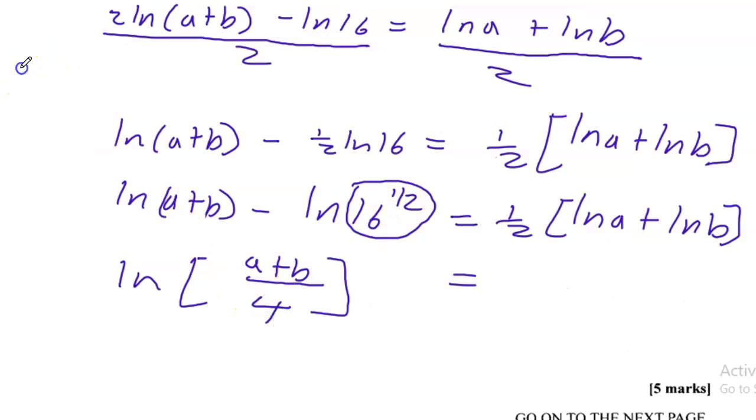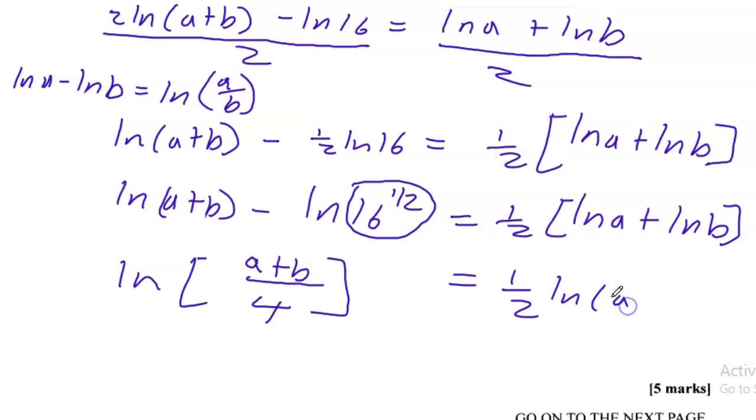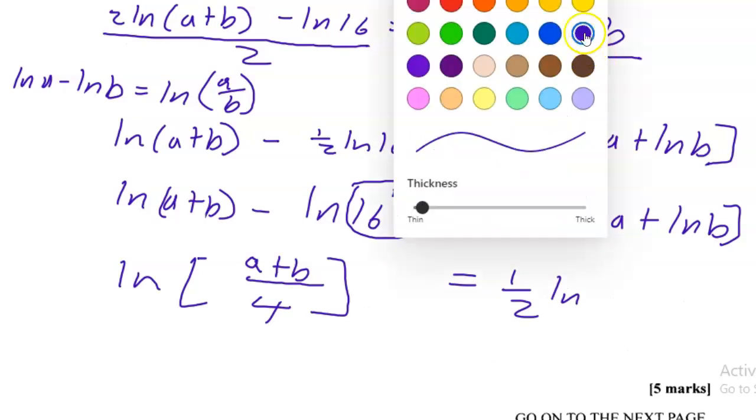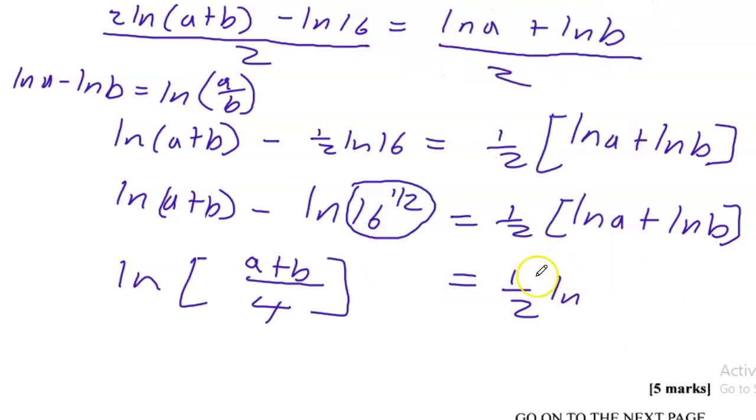And I'm using this rule: ln a minus ln b is equal to ln a upon b. And that's the rule I use to combine these two terms here. And of course, the right hand side is half ln a plus ln b.